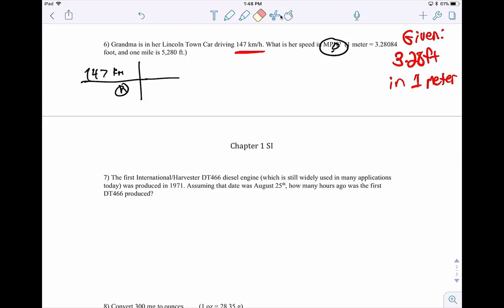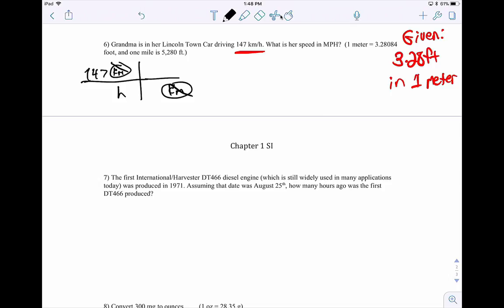So excuse what I just said: you want hours in your final answer, but you don't want kilometers. You want miles. So we need to cancel out kilometers and somehow replace it with miles. How do we cancel kilometers? Here in the given, it's in the numerator. So to cancel it out, kilometers is going to have to be in the denominator. That automatically cancels the unit of kilometer out.